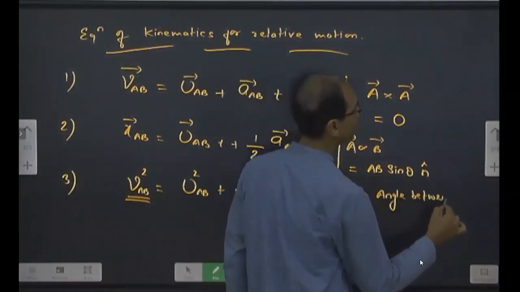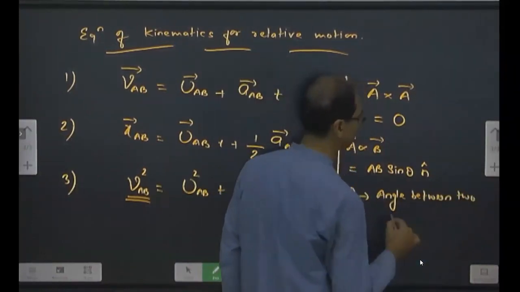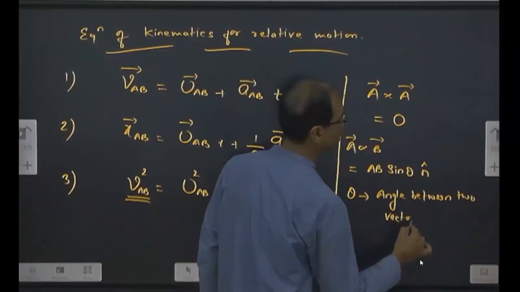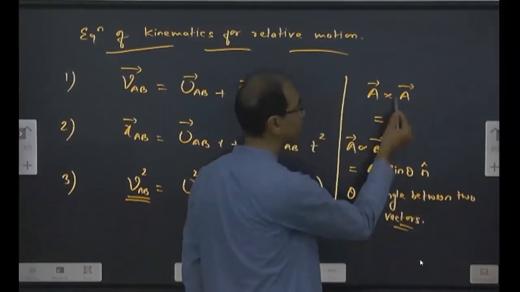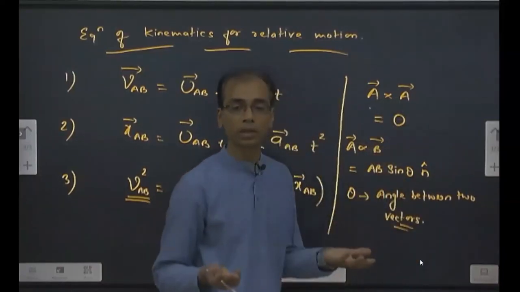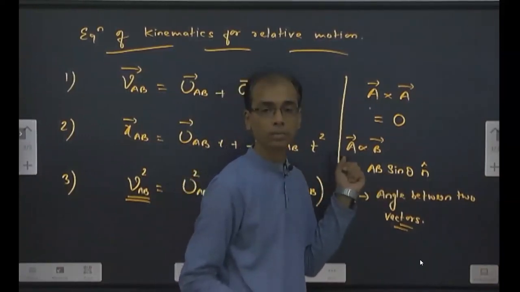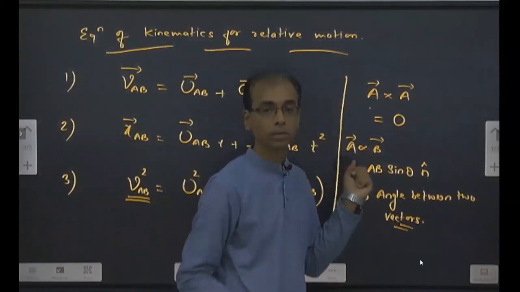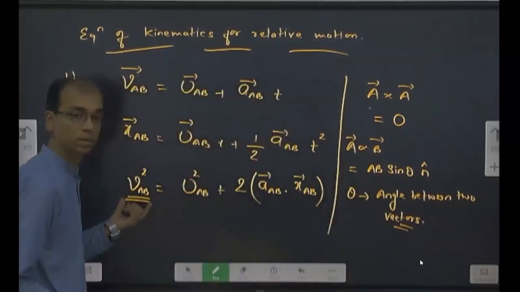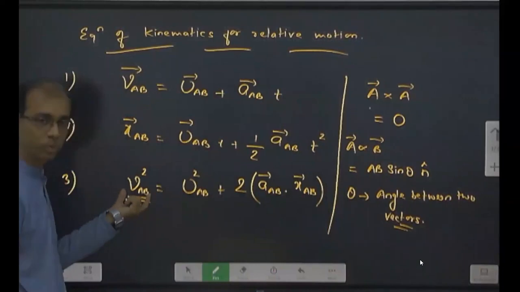So if both vectors are the same vector, then the angle between them is 0. And sine 0 is 0. Right? So we cannot have a cross product. This is also a dot product actually.